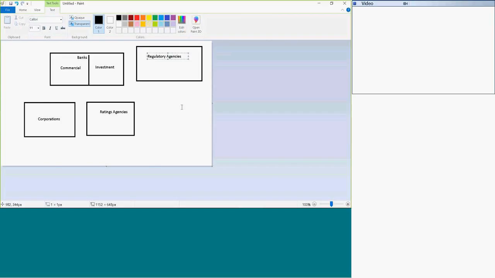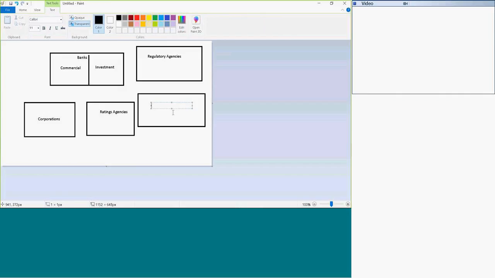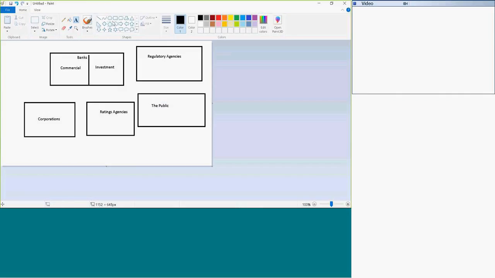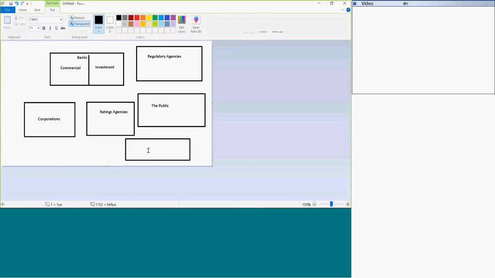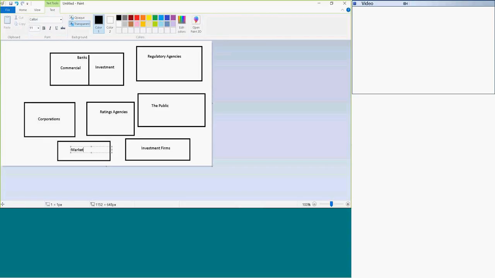Regulatory agencies, the public, and so forth. Okay? So now, we're going to start connecting the dots and understanding what the interplay is between these organizations. I also should probably put markets here, which is not an entity, but is probably something we should delineate as its own force.